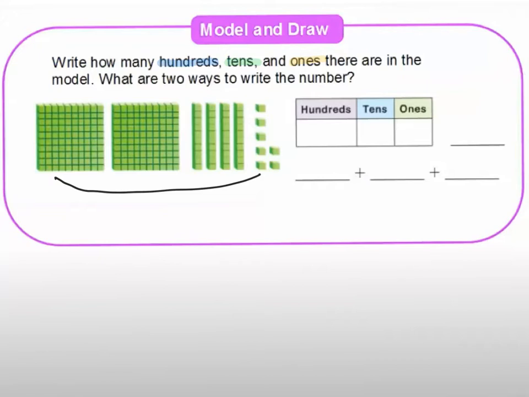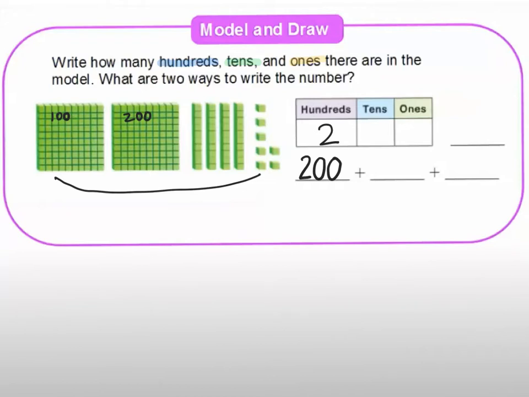How many hundreds blocks do we see here? We see 1, 2. So there's 200 blocks. But the way that we would count to see how much total, we would say this is 100 and this is 200. So our 200s, we could also write like this, 200.